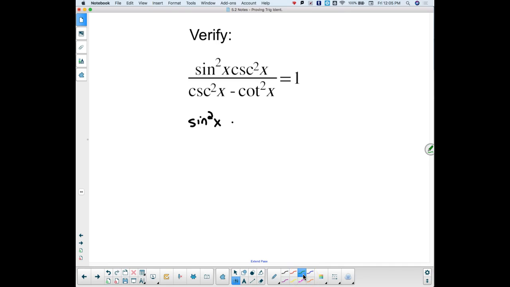Cosecant. What is cosecant squared? 1 over sine squared. Alternatively, what is cosecant squared? Alternatively, 1 plus cotangent squared.